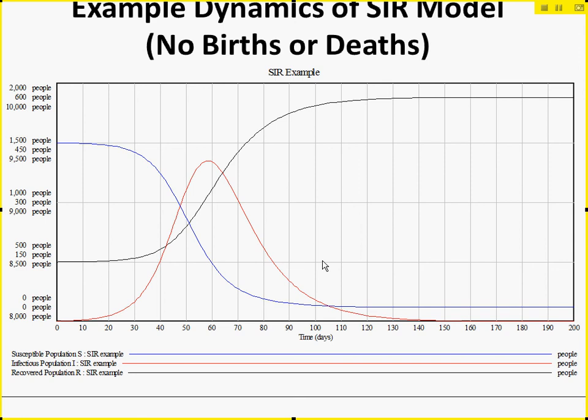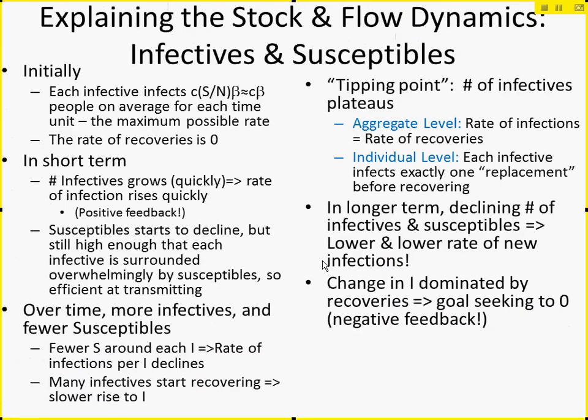And what happens to the number of susceptibles as a result? It's dropping very, very quickly. So initially, each infective infects, just about everyone around them is susceptible. So they infect something like C times beta people on average per unit time.